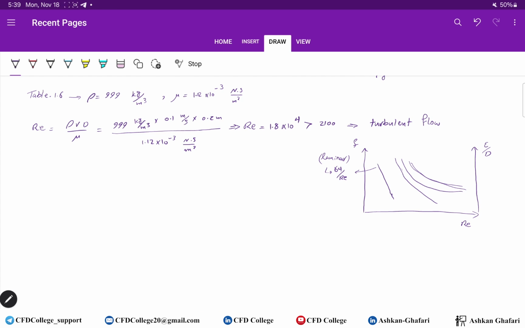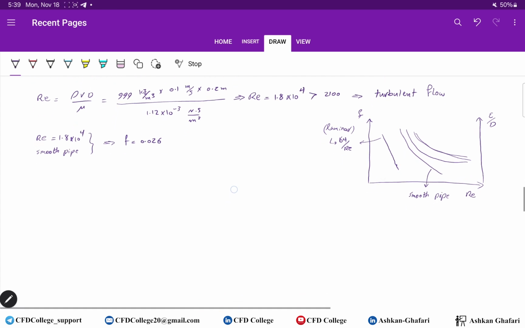The lowest line is for smooth pipe. So you should use this line, and if you see the Moody chart with a Reynolds number of 1.8 times 10 to the power 4 and the smooth pipe line, you can find f is equal to 0.026.